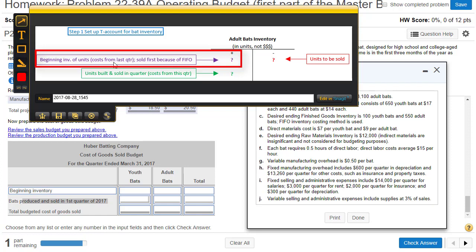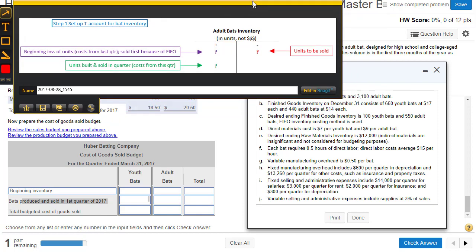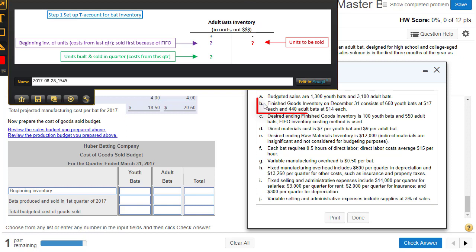These are costs from last quarter, and these are sold first because of FIFO. So how many bats were in our beginning inventory? The data is right here in letter B. And remember, we're doing adult bats. So adult bats, we've got 440. We can place 440 here.